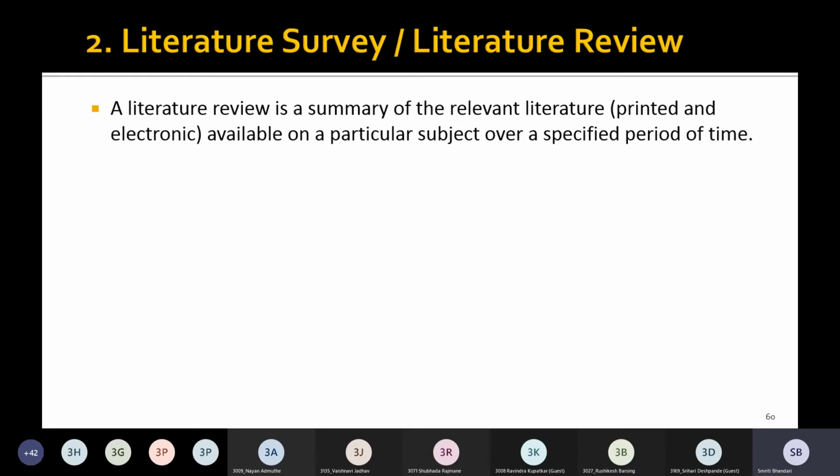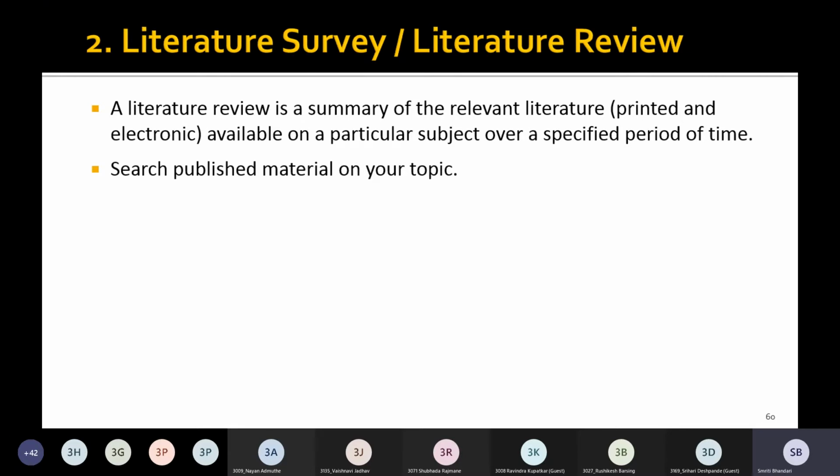Usually we refer to literature not older than the last 5 years. So we refer to the articles and research papers that were published in the past 5 years, right? Because that actually gives us the state of the art about the topic.